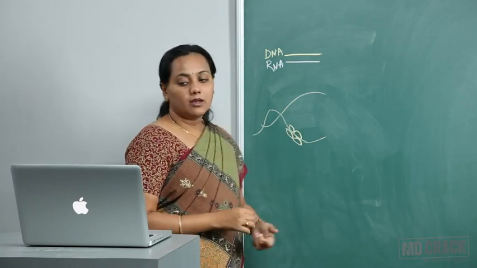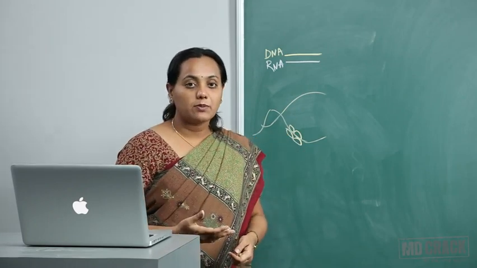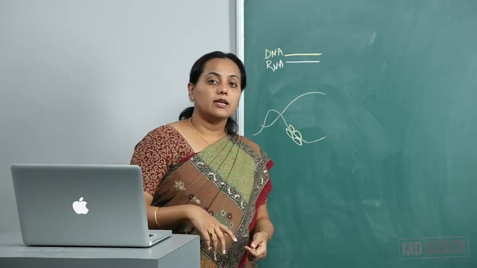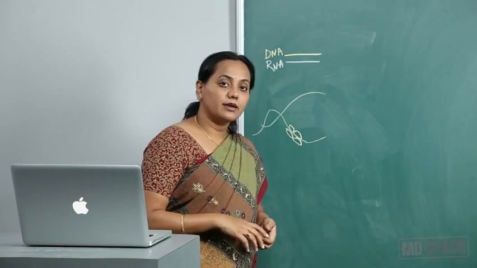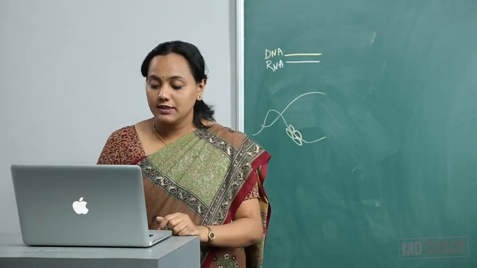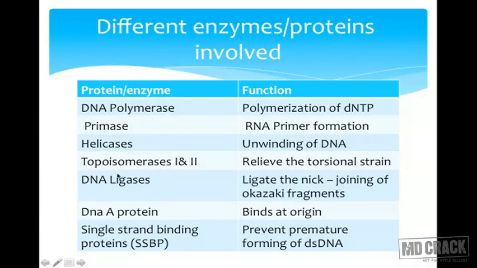They will prevent the premature forming of double stranded DNA and also prevent the attack of nucleases on the single stranded DNA. So among all this, these four, till DNA ligase, are enzymes. The remaining two are proteins, DnaA protein and single stranded binding protein.